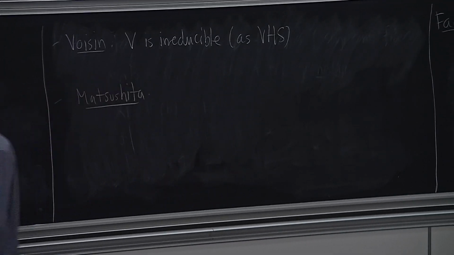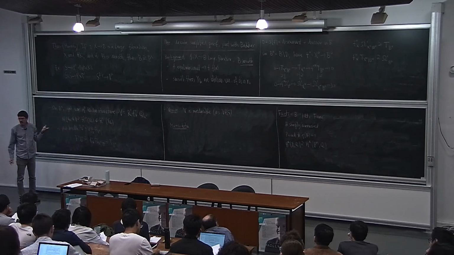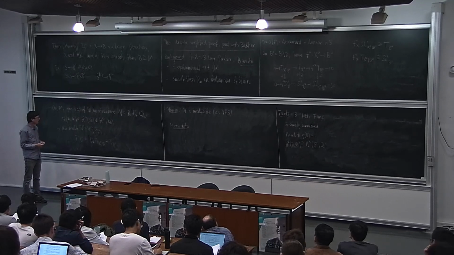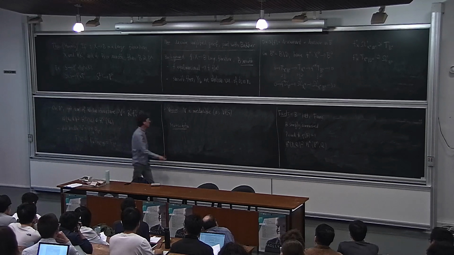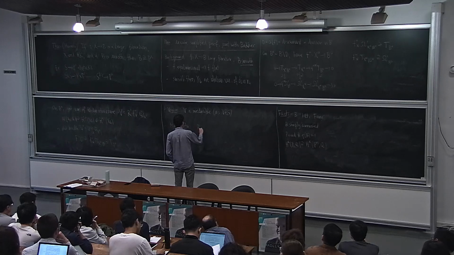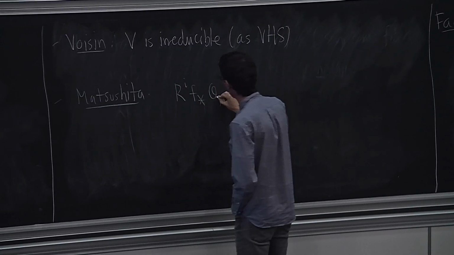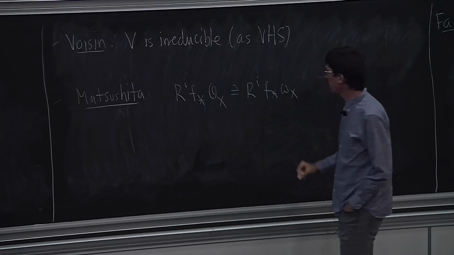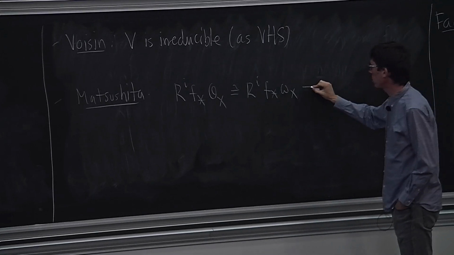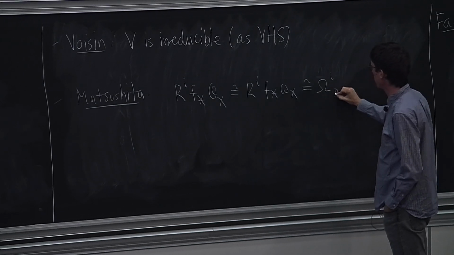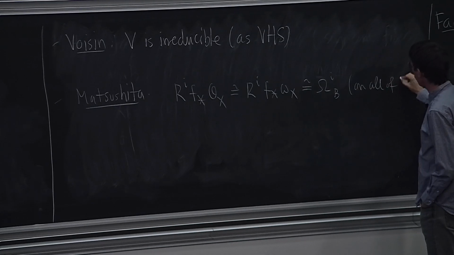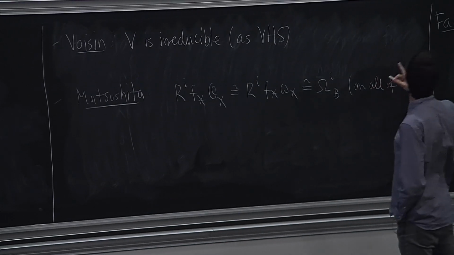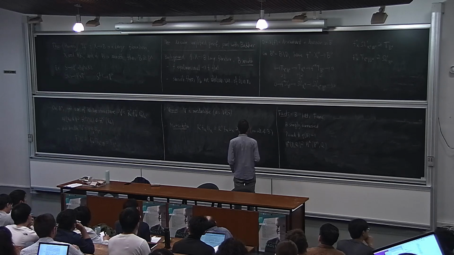So this variation of Hodge structure here only exists on the complement of the divisor, right? It only exists on the part of the base where the fibers are smooth. But there is a certain amount of extension that you can do over the base, and so this fact can be generalized. So what Matsushita says is that if I look at the higher direct images of the structure sheaf, which are the same things as the higher direct images of the canonical bundle of X, because the canonical bundle is trivial, then these are actually the sheaves of forms on the entire base, so on all of B. So this generalizes to some extent those facts.